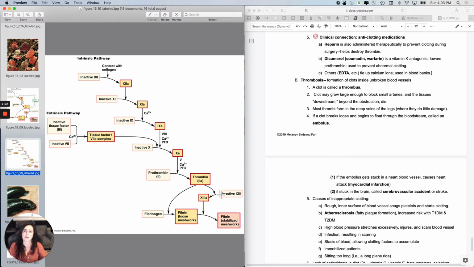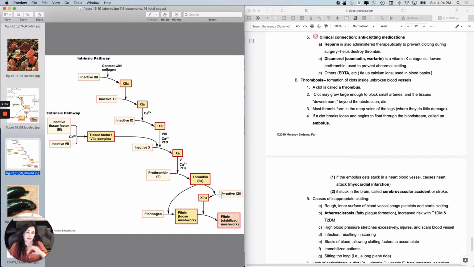Then there are the blood thinners that people take as maintenance medications. Coumadin, warfarin, these are similar forms of dicumarol. What those are is vitamin K antagonists.